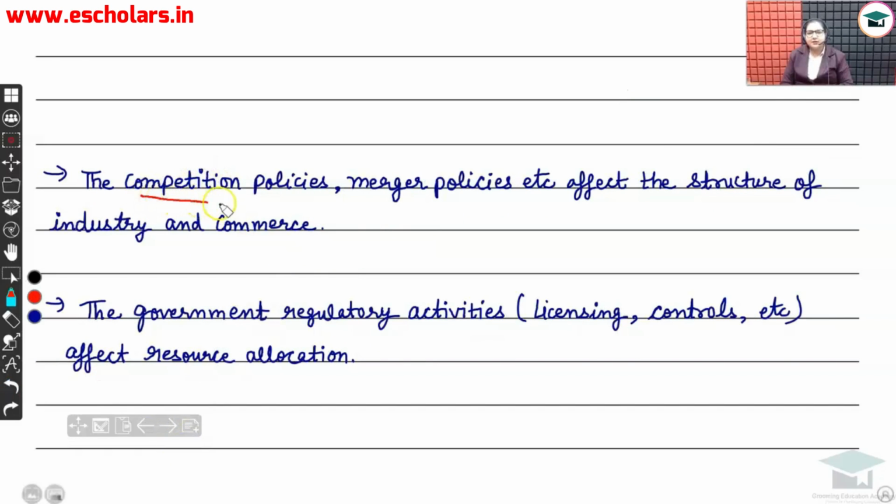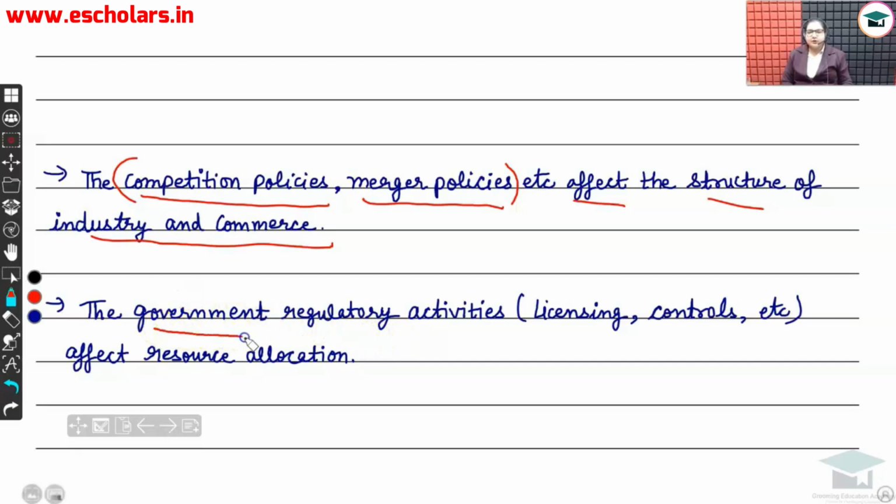Also, there are certain competition policies and merger policies which are framed by the government in order to avoid anti-competition activities in the market that lead to market failure. So the competition policies and merger policies affect the structure of industry and commerce, that is, the structure of trade and aids to trade and industry in the economy.